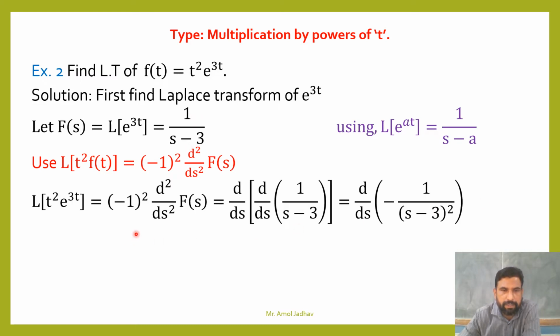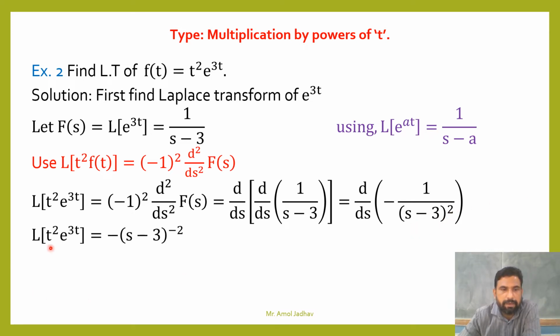Minus 1 square is plus 1, and d2 by ds square means applying d by ds twice. Apply the first d by ds, that is, find the first derivative of 1 upon s minus 3. The first derivative is minus 1 upon s minus 3 square.